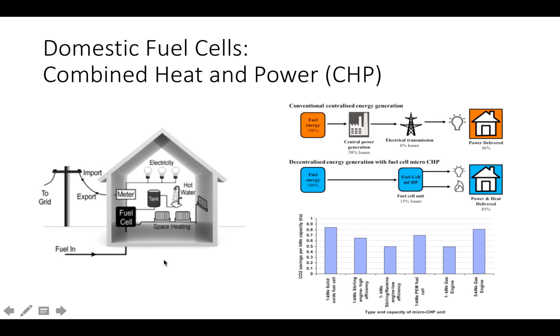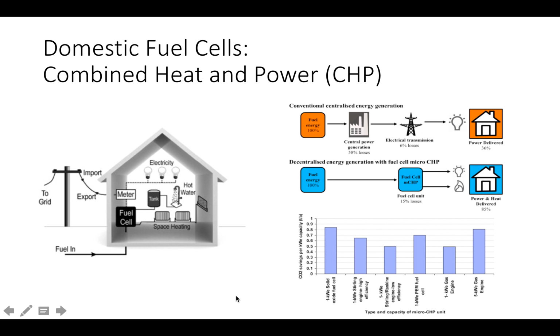Now what's beneficial is, in addition to electrical generation, a byproduct of this process is also heat, which can be used to heat the home spatially or to heat water in the home. So shown in this graph below, and as we mentioned before, the usage of fuel cells cuts CO2 emissions as well as operating costs.